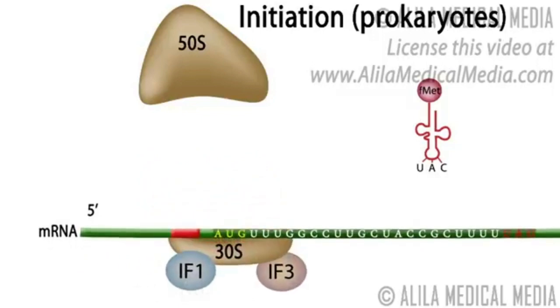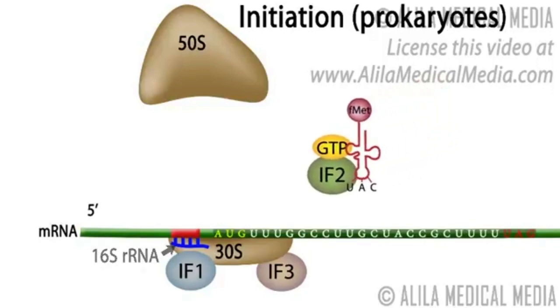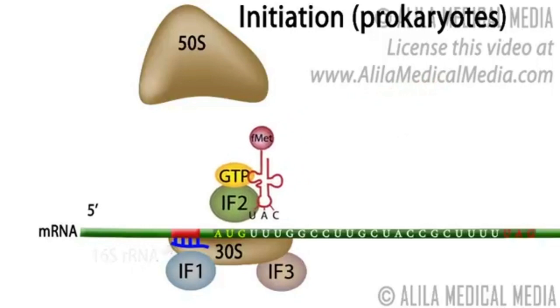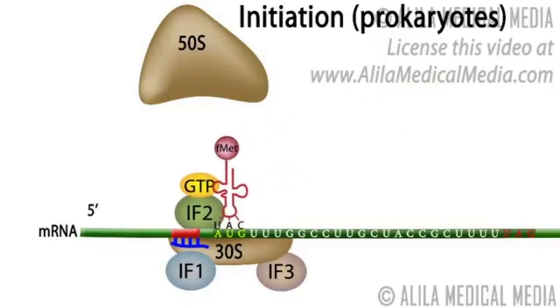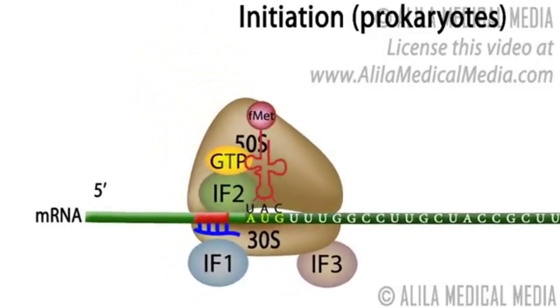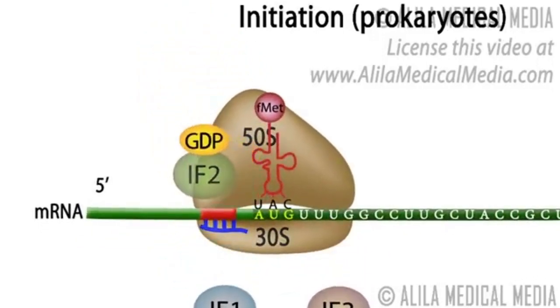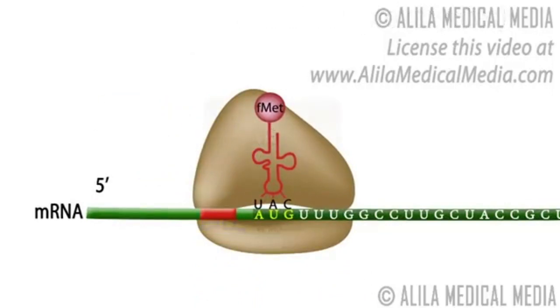The Shine-Dalgarno sequence is base paired to a complementary sequence on the 16S rRNA, a component of the small subunit. This alignment ensures that the start codon is in the right position within the ribosome. Another initiation factor, IF2, brings in the initiator tRNA charged with the initiator amino acid N-formyl methionine. The large ribosomal subunit joins the complex and all initiation factors are released.